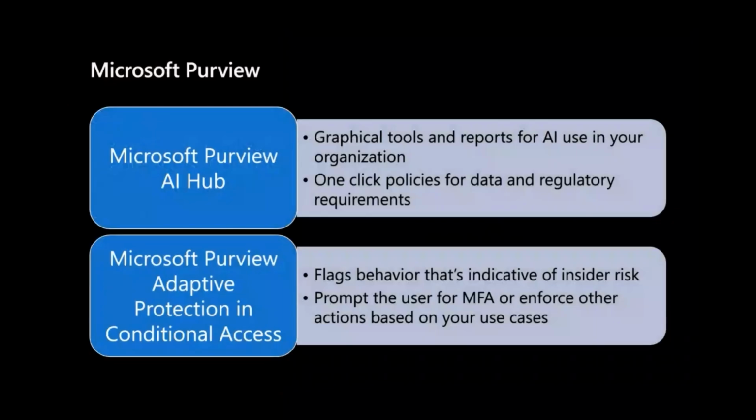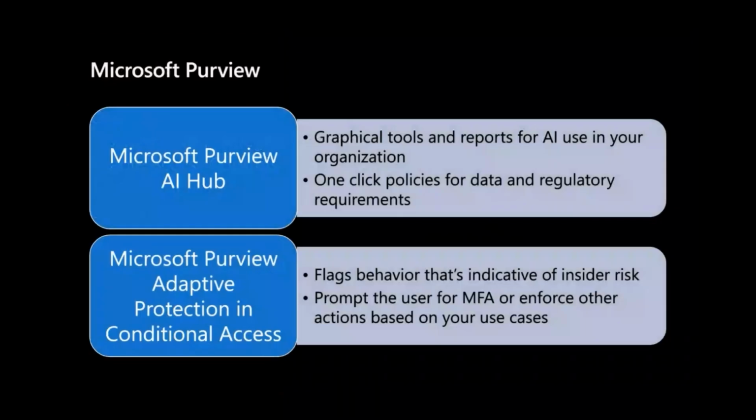So we're able to flag behavior that's indicative of insider risk on the Purview side. So if you're a Purview customer and an Entra customer, we can integrate those together beautifully within conditional access. And you could take action there, such as prompting the user for MFA or enforcing any other action in your then statement within conditional access based off of your use cases.